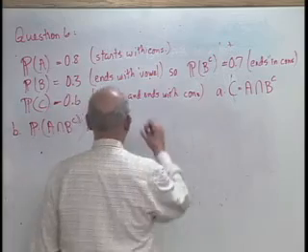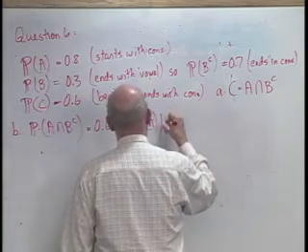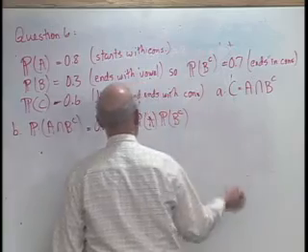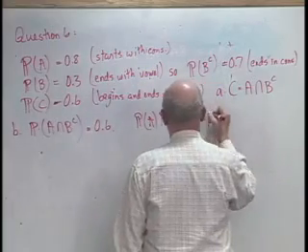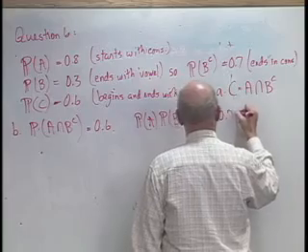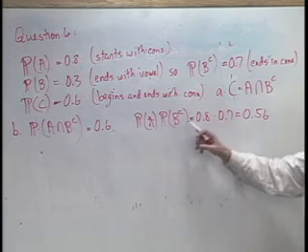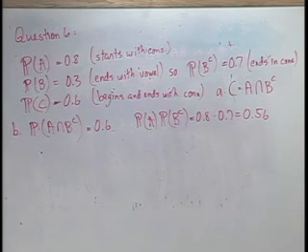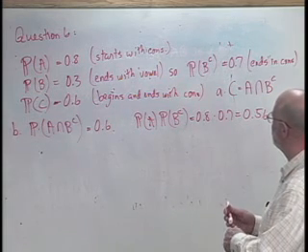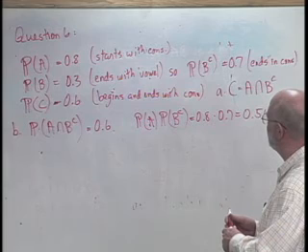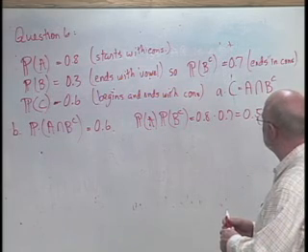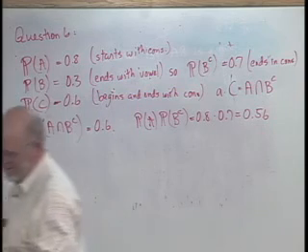The probability of A times the probability of B complement is 0.8 times 0.7, which is 0.56. So the probability of the intersection of the two events is different from the product of their probabilities. And they're not independent.